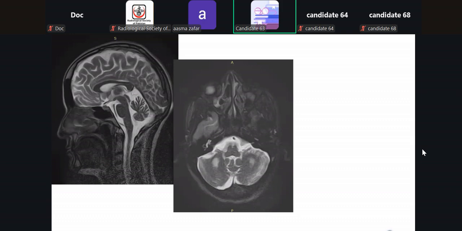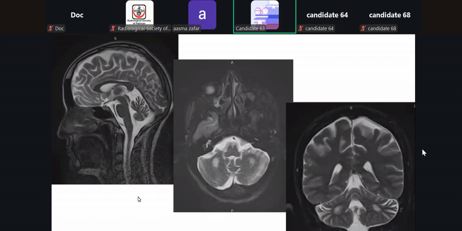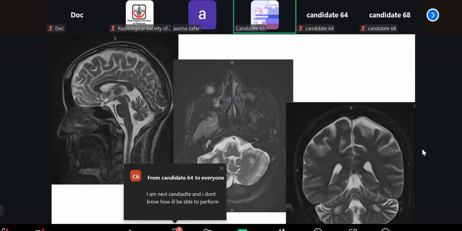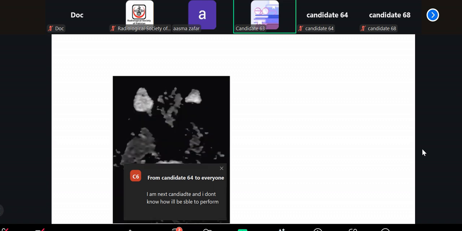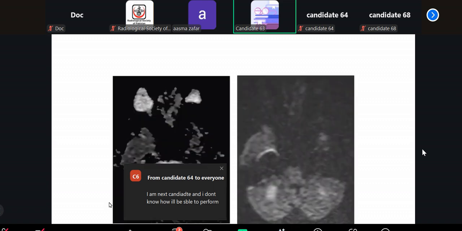T1 fat set. I can appreciate there is hyperintense signals in the cerebellum, and left temporal region shows hypointense signals. On ADC mapping, it's showing diffusion restriction.